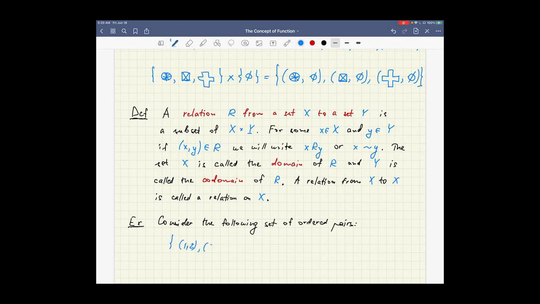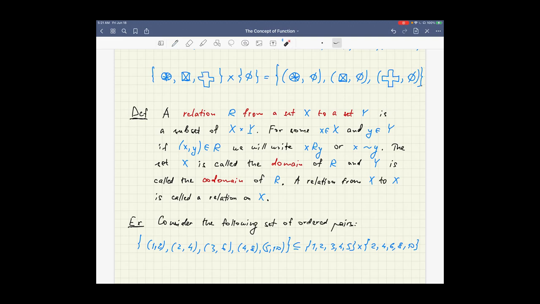One comma two, 2 comma 4, 3 comma 6, 4 comma 8, and 5 comma 10. And note that this is a relation because from where to where? Because this is a subset of the set 1, 2, 3, 4, 5 cross product 2, 4, 6, 8, and 10.